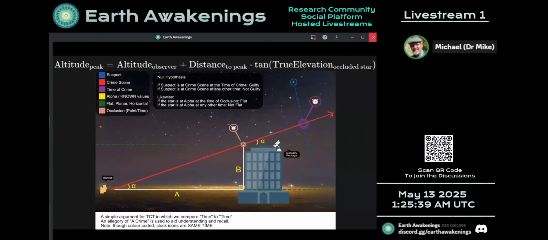Yep, and that's a good point. Once you've falsified it, you can't unfalsify it. But what you can do is swap the null hypothesis with the hypothesis.